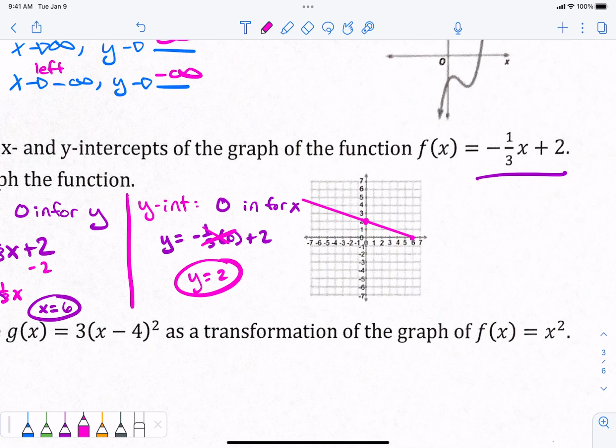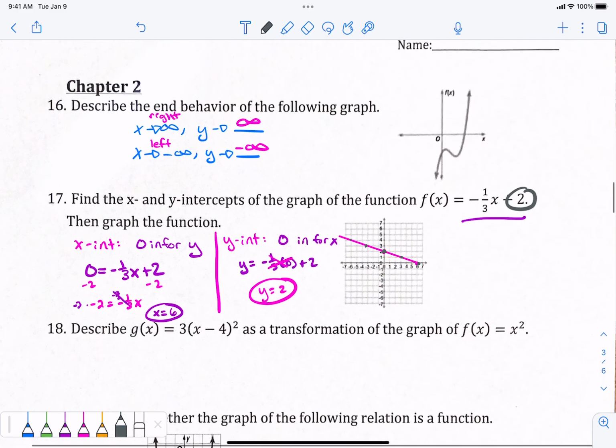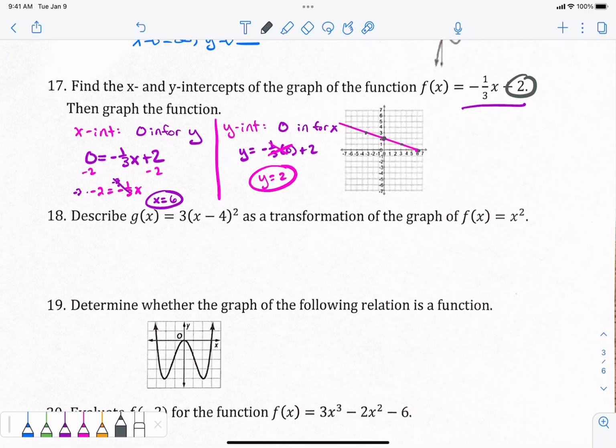So that's what my linear function looks like, which would be the same if we graphed it the normal way. We would start at 2, and go down 1, right 3, or up 1, left 3. I would get the same answer. The x and y-intercepts are 6 and 2. Got it? Good?